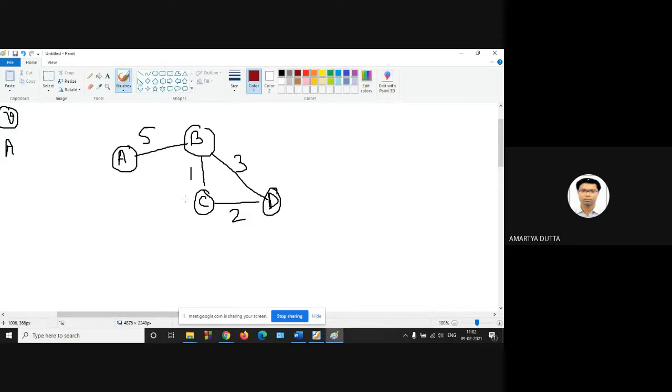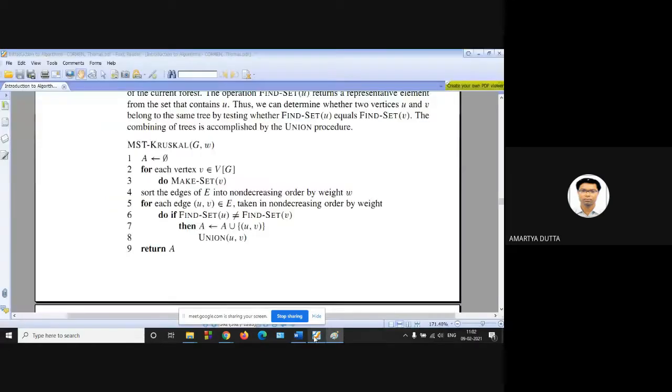So if we apply Kruskal's algorithm, this is your graph G. Now we have to apply Kruskal's algorithm. According to Kruskal's algorithm, A is equal to phi. Then for each vertex V that belongs to the set of vertices, make set V. Then sort the edges into non-decreasing order by weight.